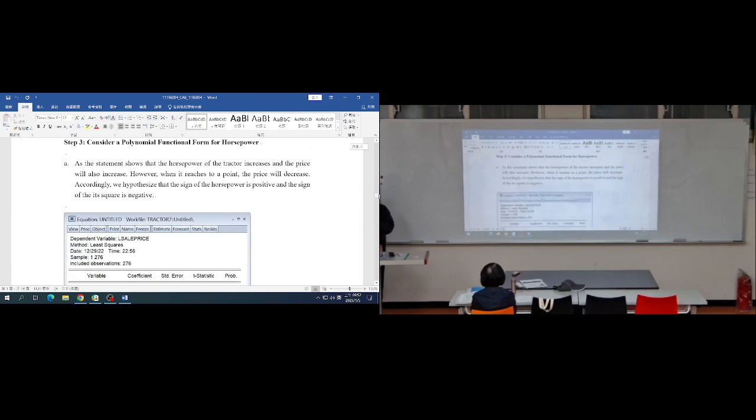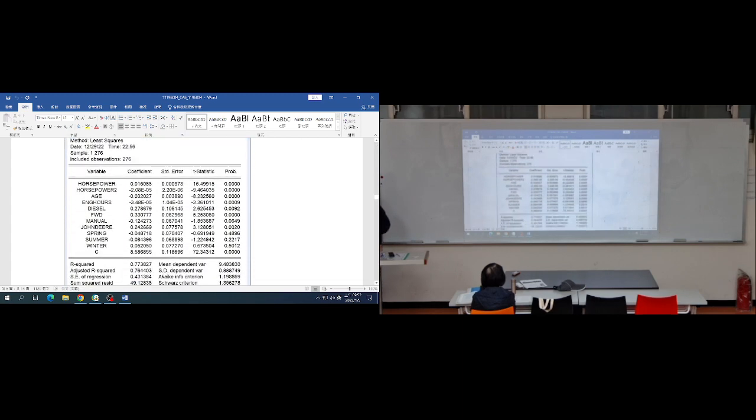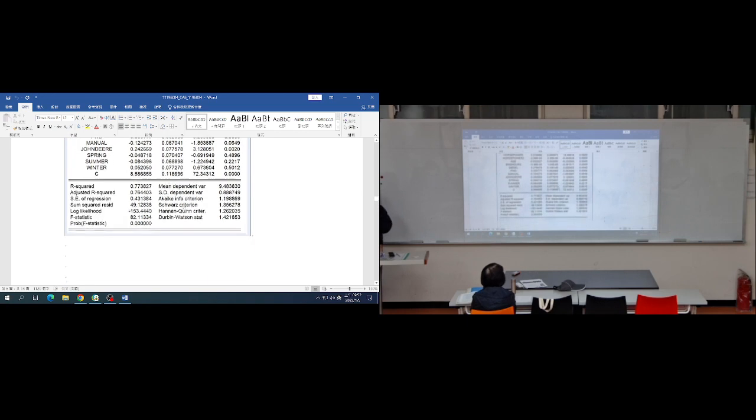Then step 3. According to the statement from the textbook, if the horsepower reaches a certain point, the sales price will decrease, so the diagram will be like an inverse U shape, and it is my result.